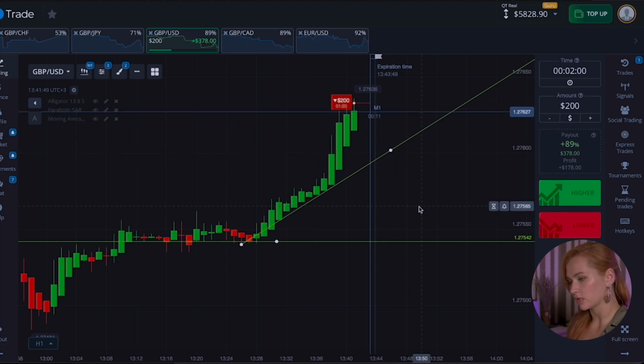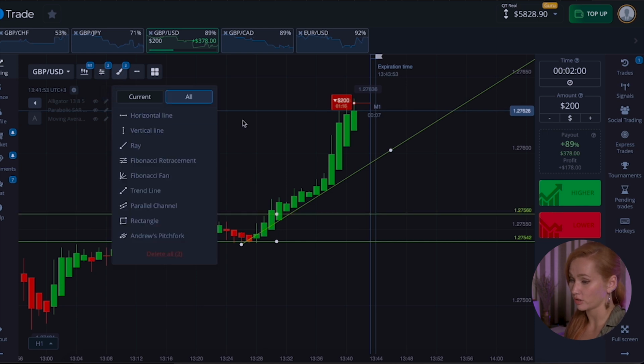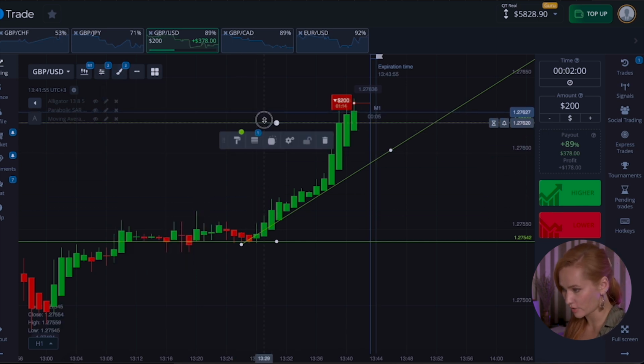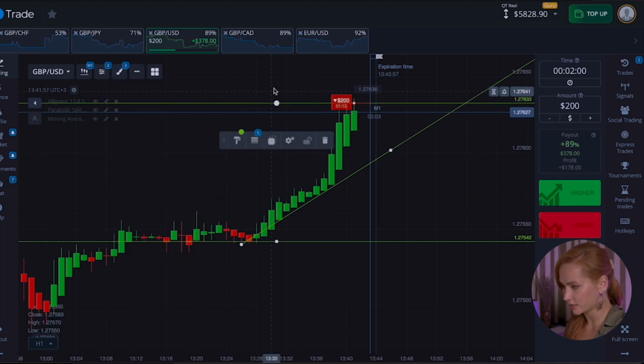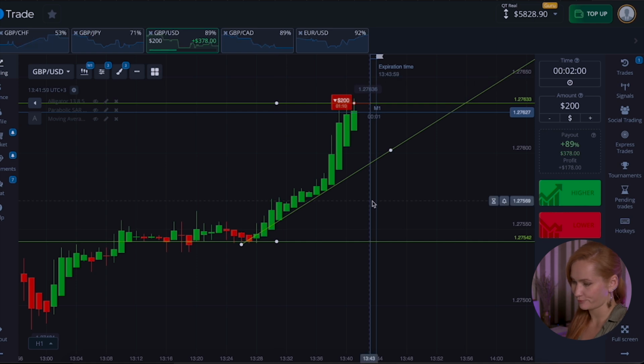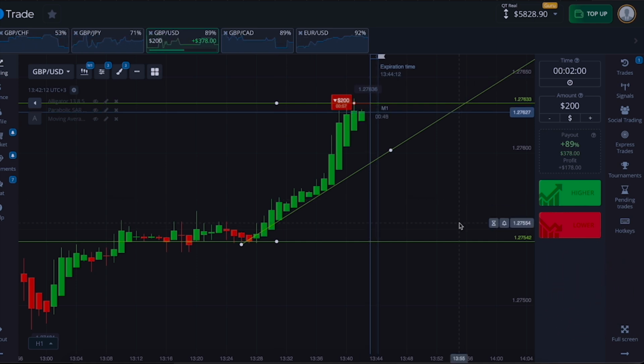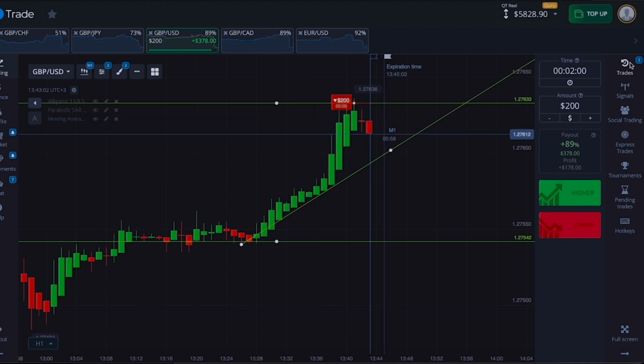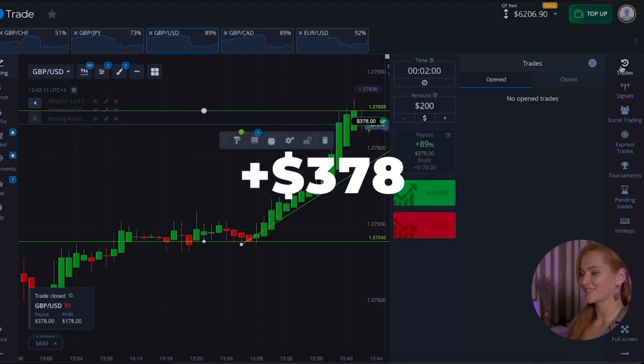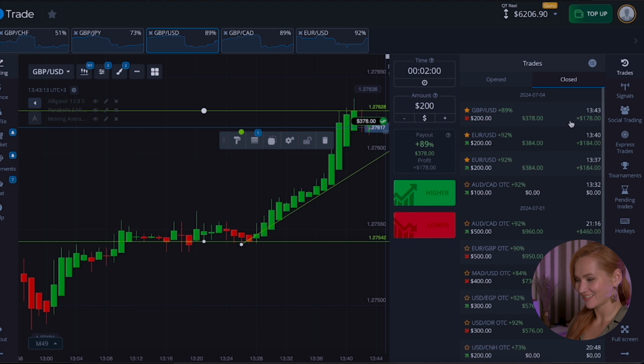And now we can clearly see this situation. A rebound occurred from the resistance line here in this point. Great, we're up and running again.